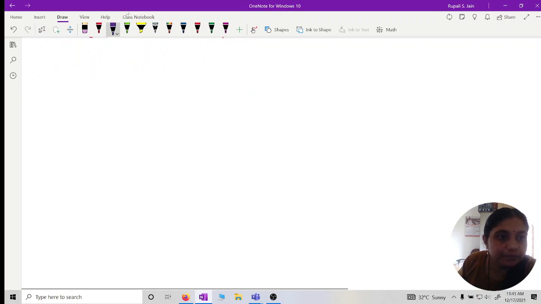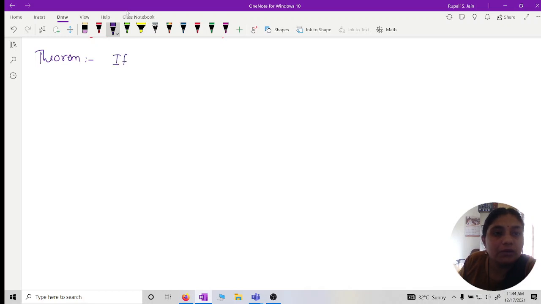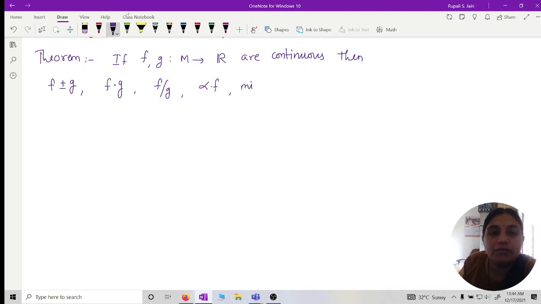We will have a theorem. If f, g from M to R are continuous, then f plus or minus g, f into g, f by g, alpha times f, minimum of f comma g, and maximum of f comma g are also continuous.